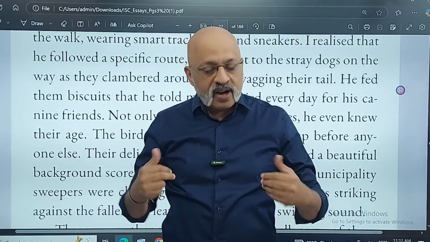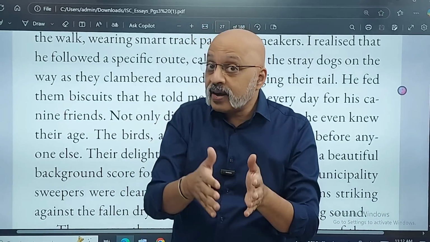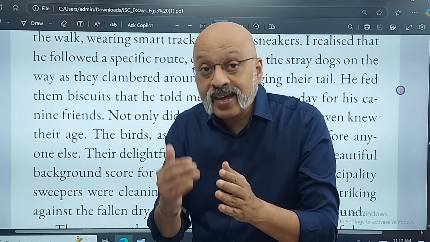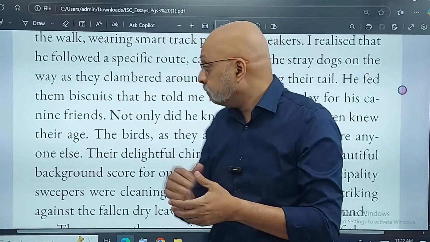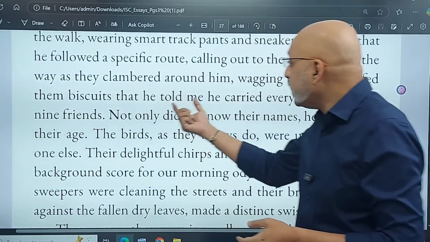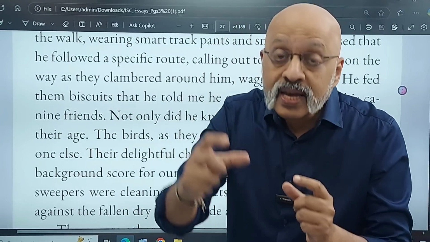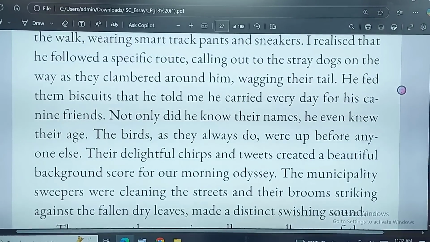Anyone reading it will imagine: oh, grandfather, friendly guy, pet friendly person, he cares for them, which is why he carries biscuits for the stray dogs every day, and that he told me he carried every day. So it is information that he has provided, which is again very important.